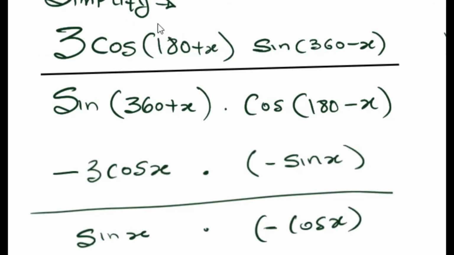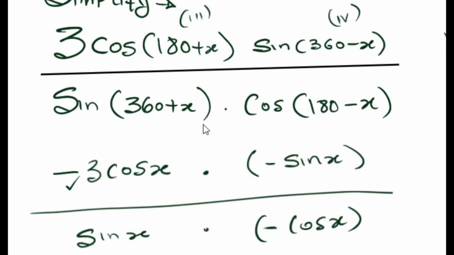Looking at all this here, we understand that 180 plus x is in your third quadrant, and in the third quadrant, cos is negative. That's why we have a negative there. And 360 minus x is in your fourth quadrant. That's why we have negative sine x over here, because sine is negative in the fourth quadrant.